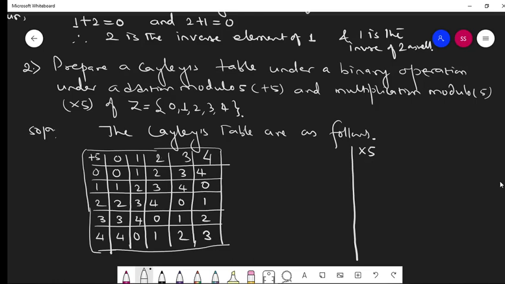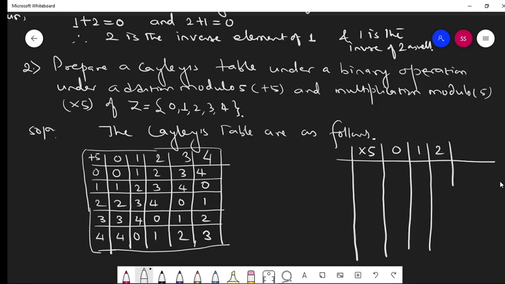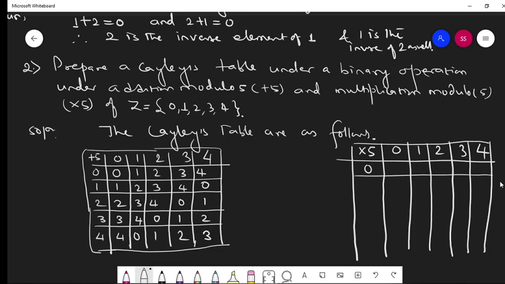So here also we can write the next table under multiplication modulo 5. Here you can write 0, 1, 2, 3, and 4. We can close this. And here 0, 1, 2, 3, and 4.